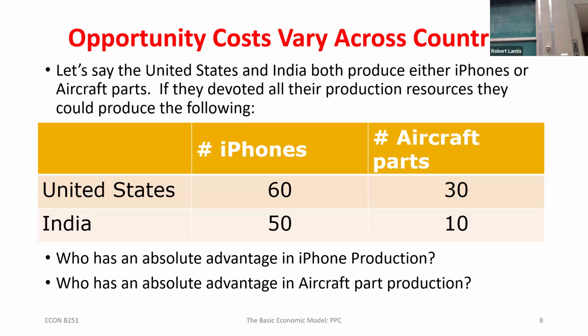Any other questions on that? And like I said, the math gets more complicated once we start throwing more goods in there. We're sticking at 2 people, 2 countries, 2 goods models here. Okay. Any other questions? Yeah.